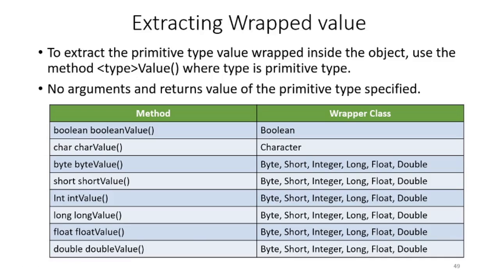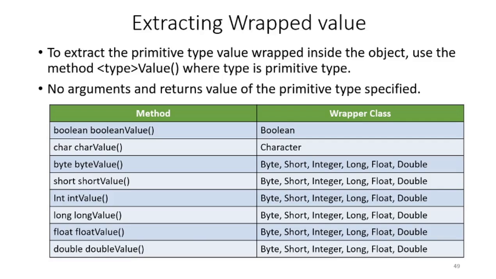It means you can store one primitive type in a wrapper and retrieve another type. Hence this list is given in front of those functions like byteValue, shortValue, intValue, longValue, floatValue. These functions have a list of numeric data types, or Number class data types. So what is the meaning of this? You can store one primitive type in a wrapper and you can retrieve another type.